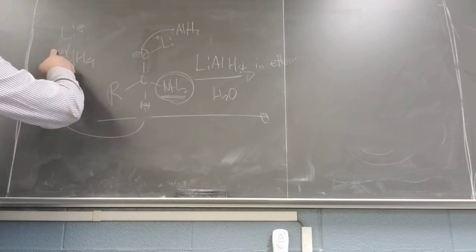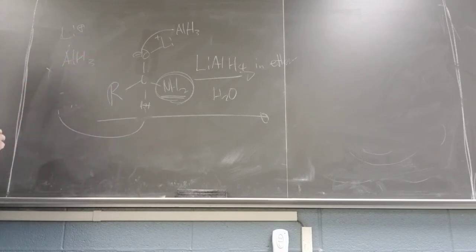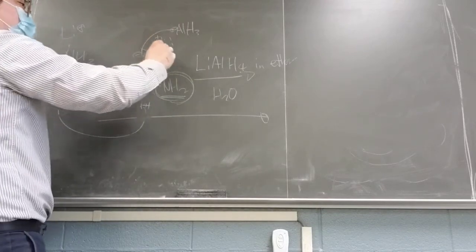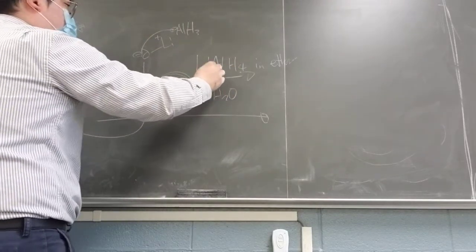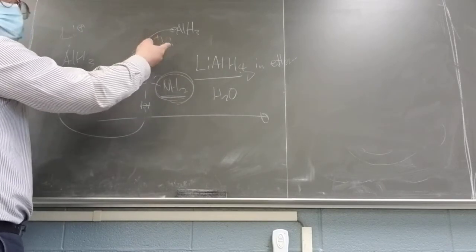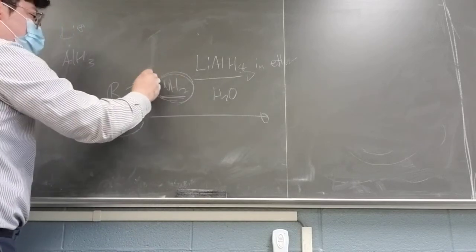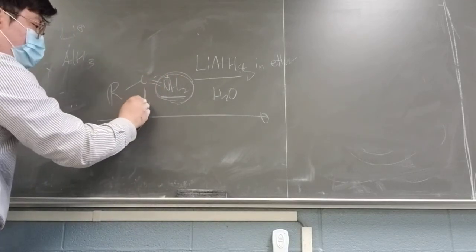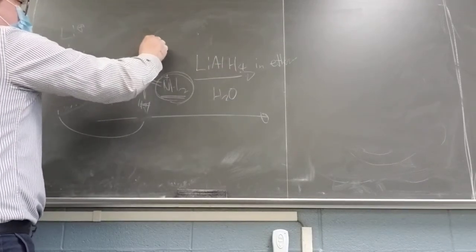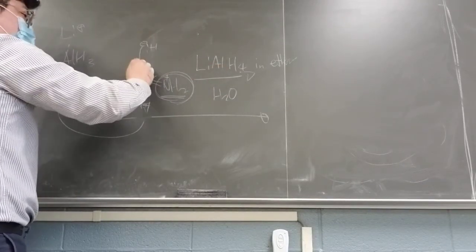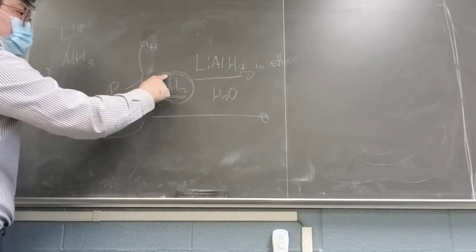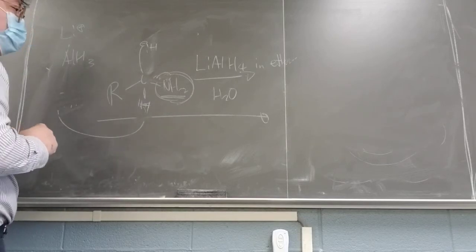So this becomes aluminum hydride, but this goes to the negative over here, okay? And then the lone pair on this nitrogen goes to there, and they leave. So that means this is a positive charge. There is only one hydrogen here, but another hydride comes in from this compound, the negative charge, and it pushes. So there will be two hydrogens added here now with a single bond. This is neutral now.